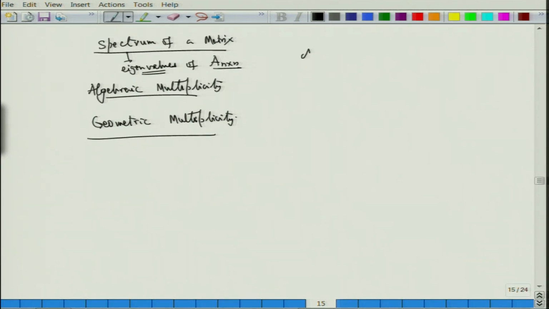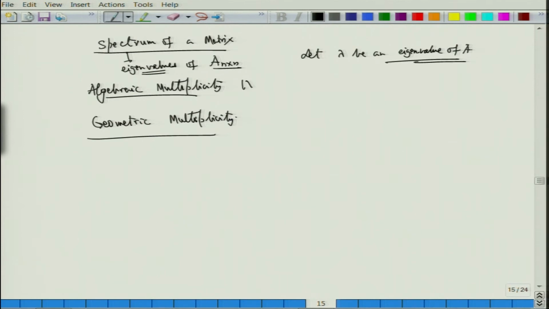So, let lambda be an eigenvalue of A. Recall we are doing everything over complex numbers. So, let lambda be an eigenvalue of A. This is the assumption.